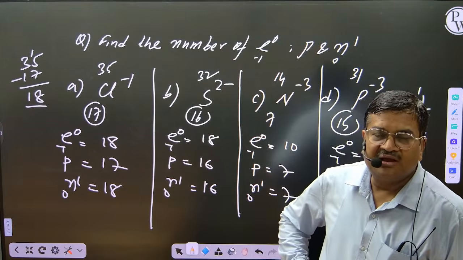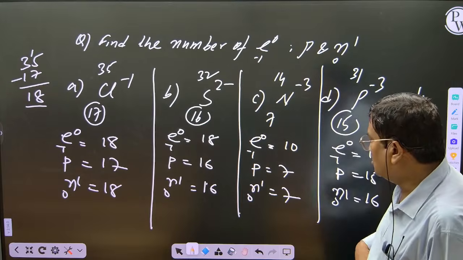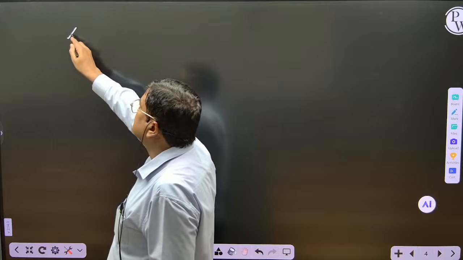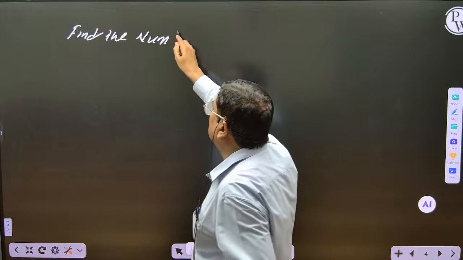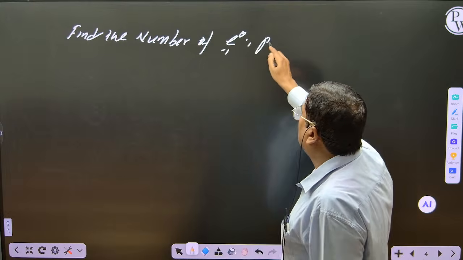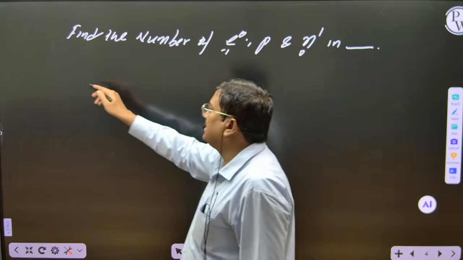Find the number of electron, proton, neutron. Now I am giving compounds. Later in mole concept you come across compounds. See how they ask, find the number of electrons, proton and neutron in.